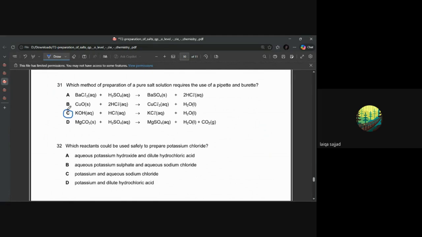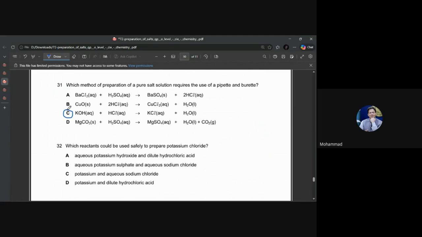Why not A? Because this is a precipitation reaction. Yes, we use the titration method, because A describes a precipitation.